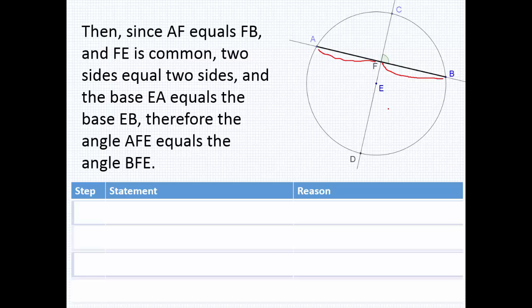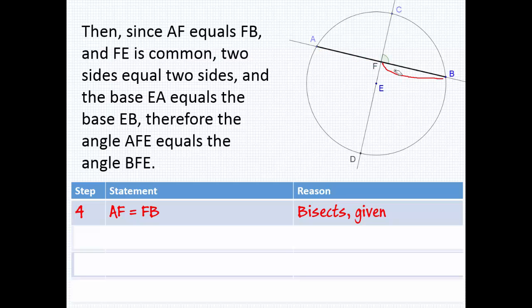Next, the proof says, then, since AF equals FB, how do we know that AF is equal to FB? Well, actually, that was part of the problem statement. It said that if a line CD bisects a line AB. So that's a given. Next it says, notice that FE is common.